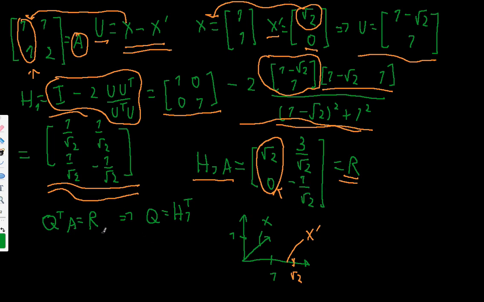Now remember that A is equal to QR, and Q transpose A is equal to R, okay, because Q is orthogonal, okay, so its inverse is its transpose. So given that we know that our first and unique Householder transformation applied to A gives R, and that you also know that Q transpose A is equal to R, we know that Q is equal to our Householder transformation transposed, okay?